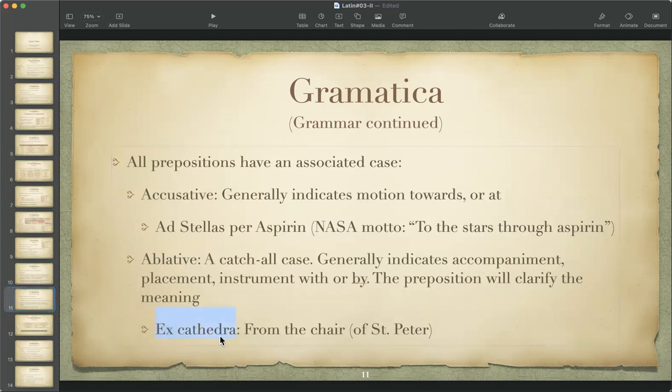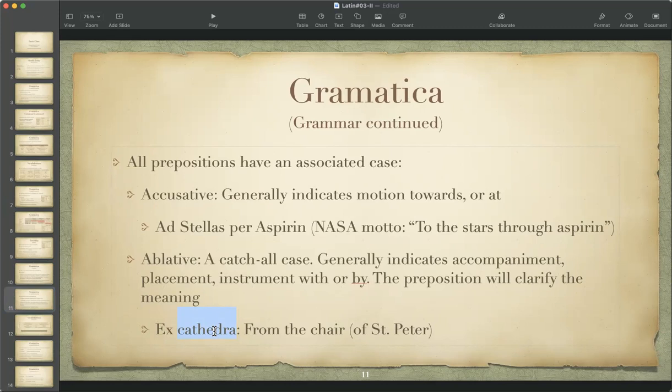So you may have heard the phrase ex cathedra, from the chair of St. Peter. Well, there's your good A ending feminine noun, cathedra, which means chair. By the way, that's where we get cathedral.